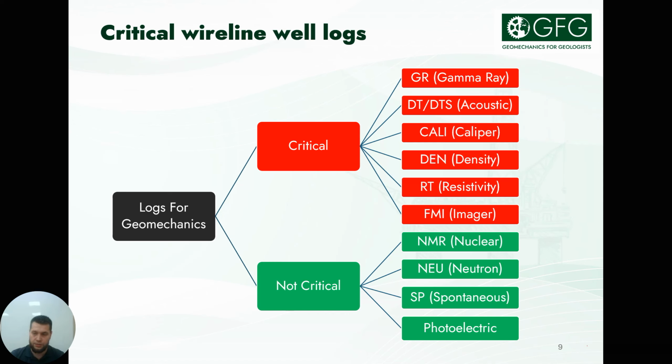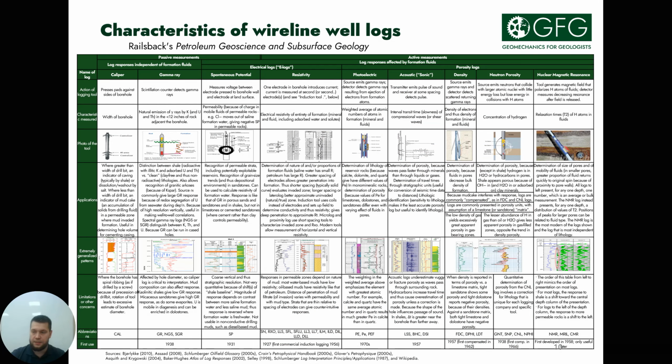Non-critical data includes nuclear magnetic resonance, neutron methods, spontaneous polarization, photoelectric methods, and so on. Thus, caliper measurements in a geomechanical model are used to calibrate wellbore stability. Gamma logging is used to cut off the shale line for the purpose of further calculating pore pressure using the Bowers and Eaton methods.